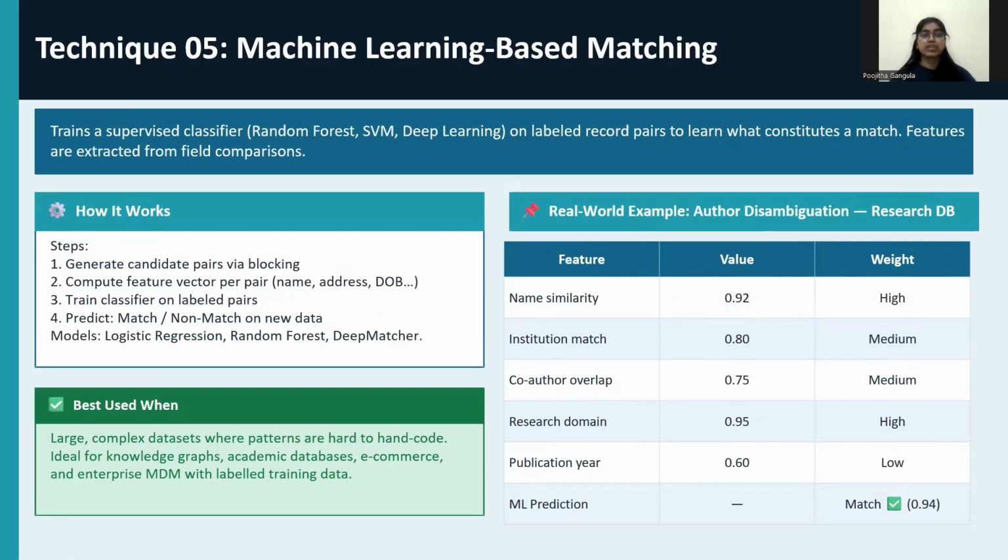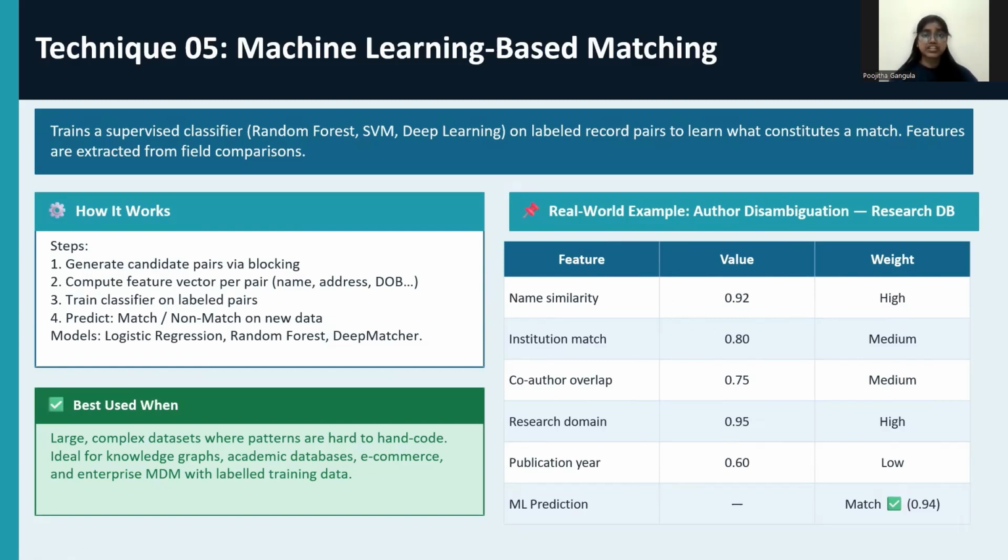This method provides high accuracy and can handle complex patterns, like a vast number of data sets. It can be done by models like logistic regression, random forest, decision tree, like these example models.